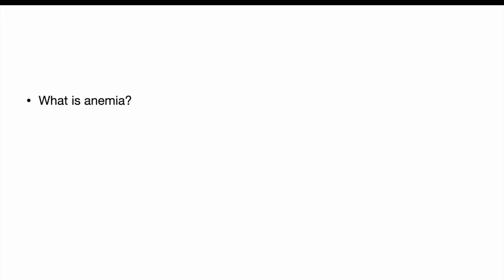So just to start off, I think the first question we should be asking ourselves is, what is anemia? What is it that defines anemia? How do we know if someone's anemic? And very simply, you're going to be looking at red blood cell mass, which is a fancy way of just saying how much blood you have running through your body.